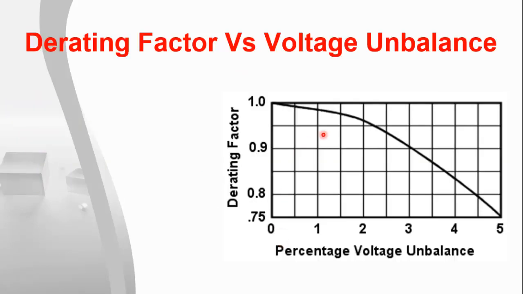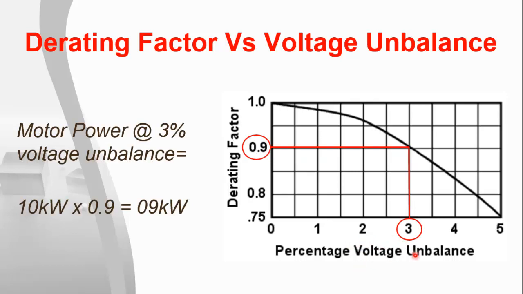So this is a graph of the derating factor versus voltage unbalance. This graph shows you at what percentage of unbalance the motor will get how much derating. For example, at 3% voltage unbalance, the motor will be derated to 0.9.